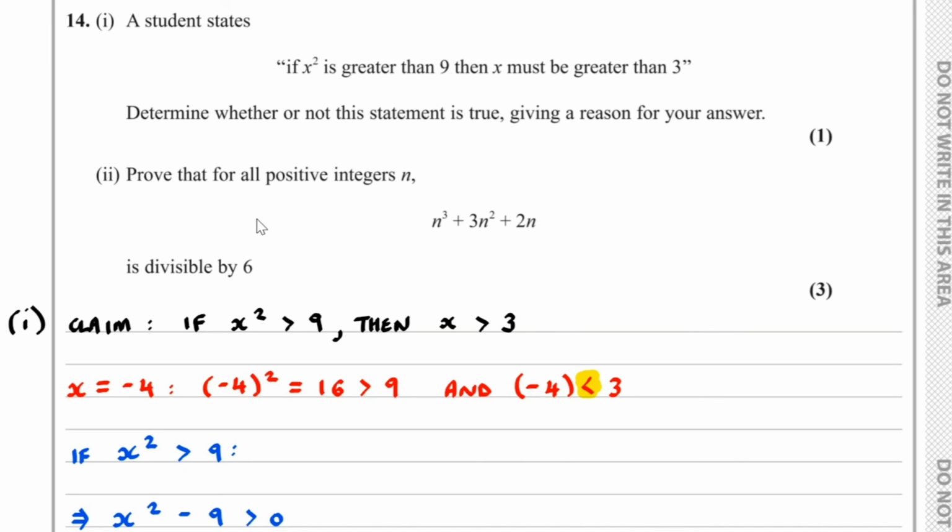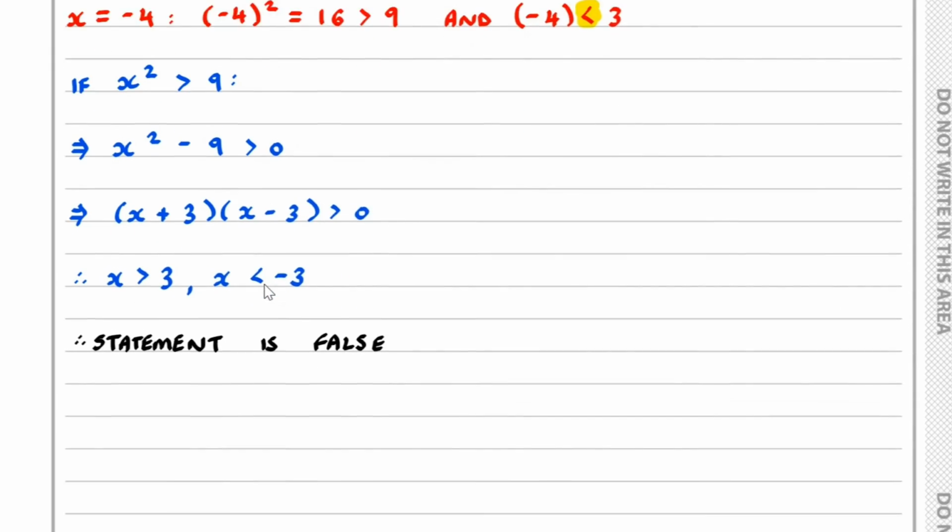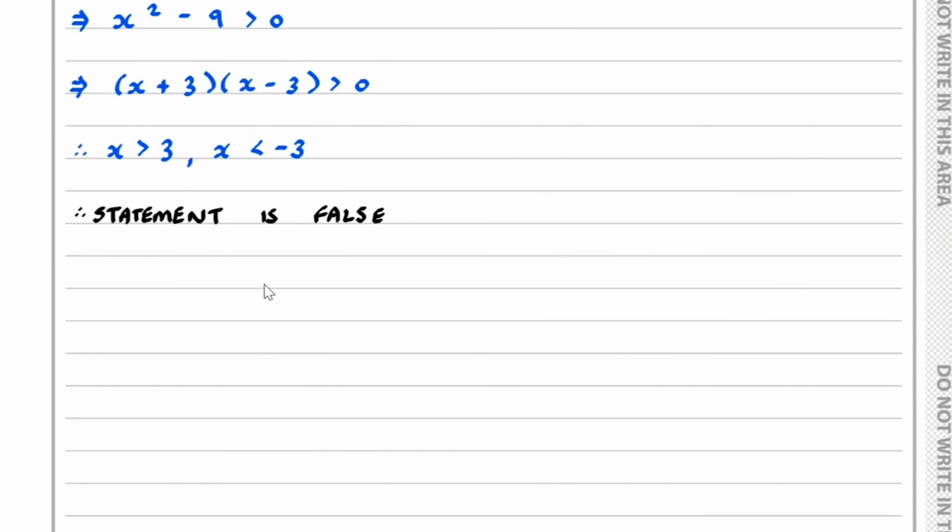Now for the next part, we have to prove that for all positive integers n, n cubed plus 3n squared plus 2n is divisible by 6. Well, for the next part, we've got n cubed plus 3n squared plus 2n.